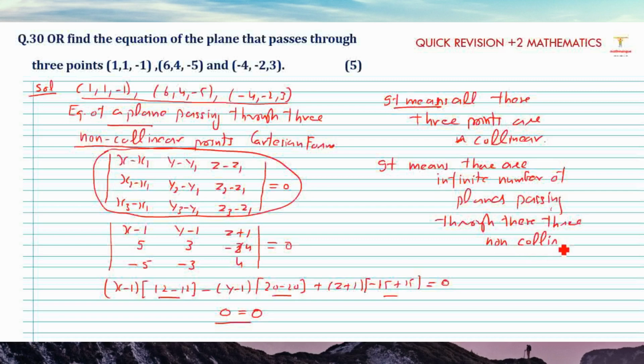So you just try to understand it. Why has this thing happened? It happens because these 3 points are collinear. That is why you are not getting the actual equation of a plane, because there are infinite planes which pass through these points. Okay, clear, children?